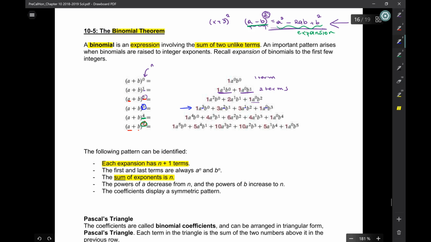So it starts from this number and goes to 0. Oh, and now look at the exponents of b: 0, 1, 2, 3. Oh, reverse order, starts from 0 and goes to 3, right? So the powers of a decrease from n, and the powers of b increase to n. Okay, fabulous.